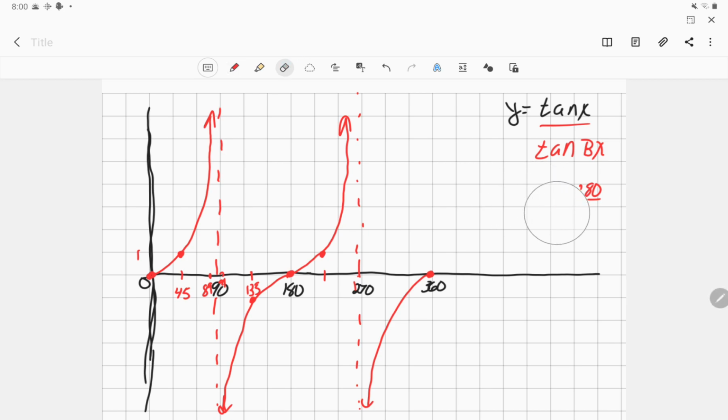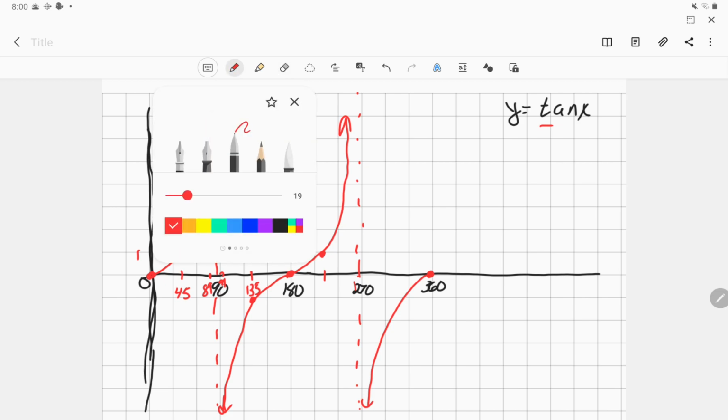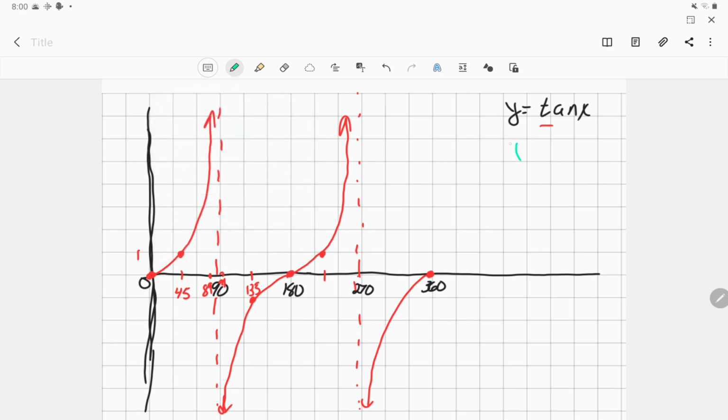Okay, so what if we have to do, and I need to do this in a different color, so we'll stick with Christmas, red and green. I know it's not Christmas yet, but y is equal to cotangent x. That is the reciprocal. So we're going to follow those same reciprocal rules that we've done before.